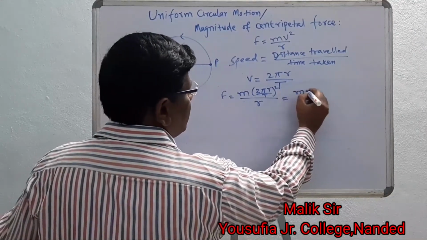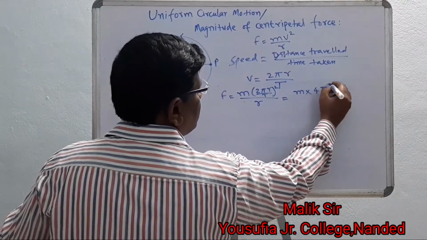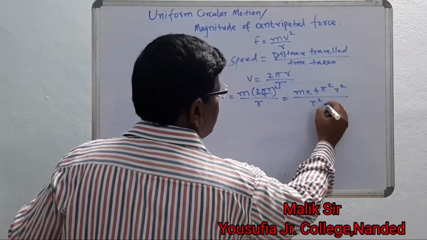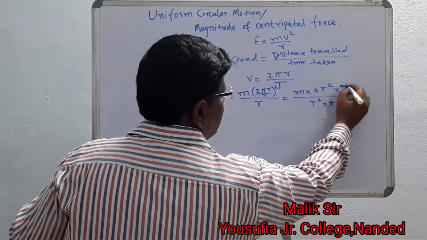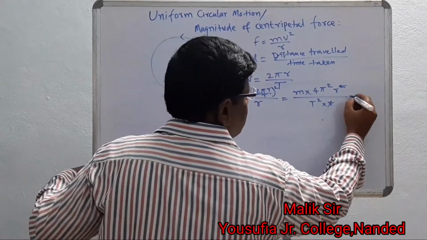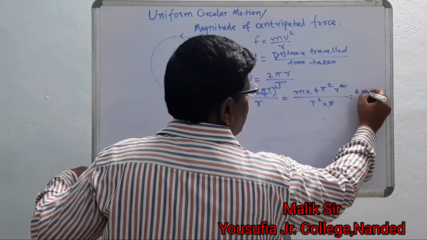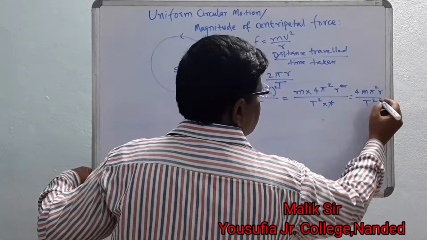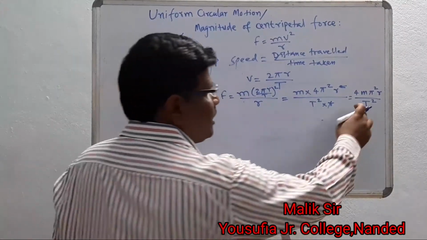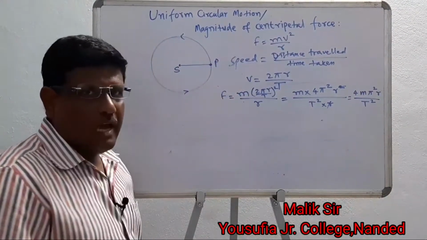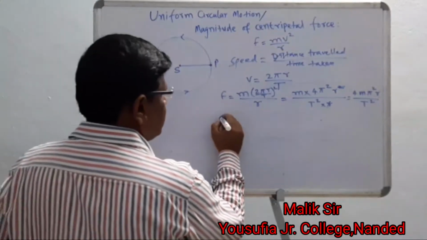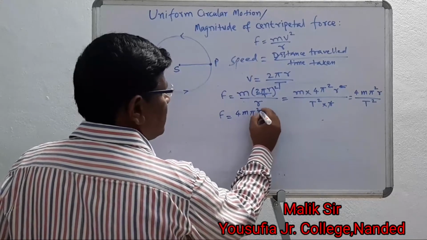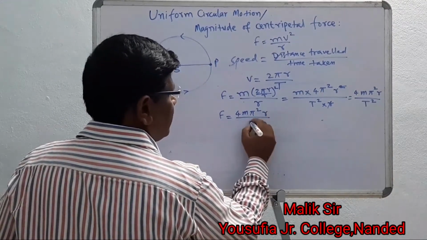So this becomes m into 4 pi square r square divided by T square multiplied by r. This r and this r square get cancelled, and it becomes 4 m pi square r divided by T square.